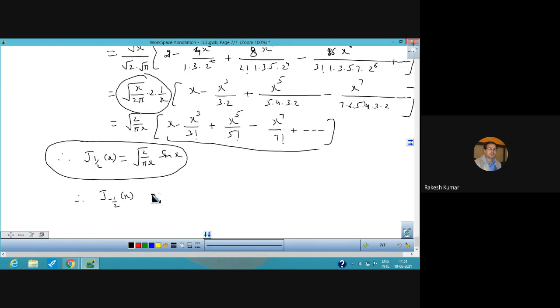And in the similar manner, you will have this value, square root of 2 over pi x into cos of x. You just need to remember this value also. So we have these two relations, and with the help of this, we will be able to find out the relations.